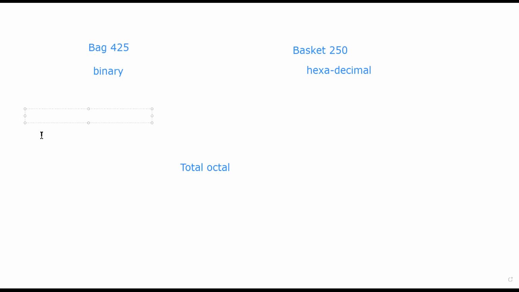So what we have to do is divide 425 by 2. The answer we will get is 212 and the remainder is 1.